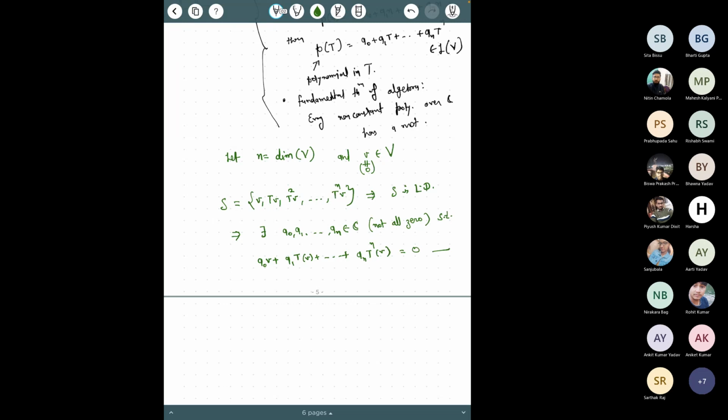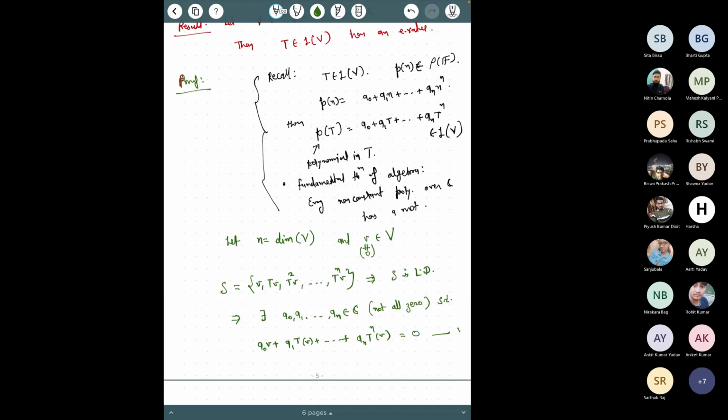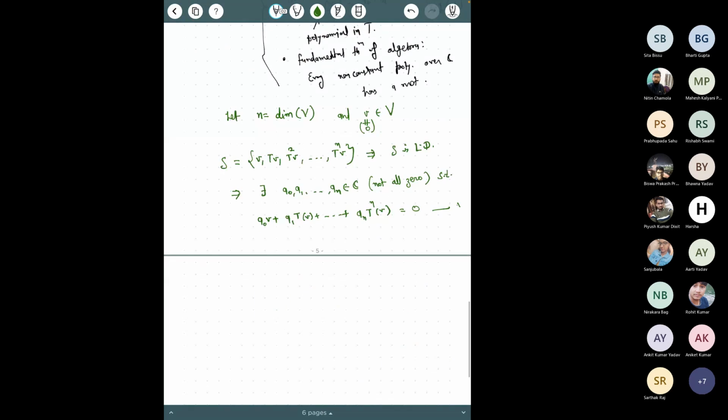Let us call this equation star. This is because S is linearly dependent. Since this is 0, at least one of the scalars is not 0.